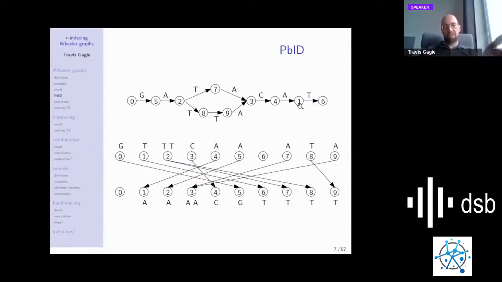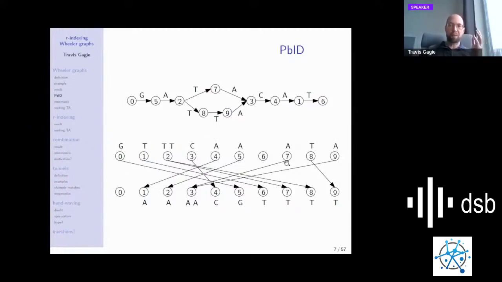This is a generalization of suffix arrays. This vertex has the lexicographically smallest path: it's an A, and then a C, and nothing else has a path labeled something smaller than AC coming into it. So this is 1, AG is 2.